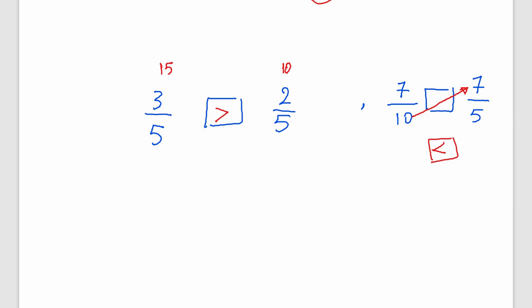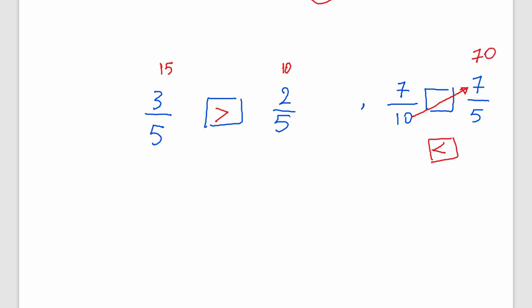Okay, go ahead. 10 multiplied by 7. Ibrahim. 10 times 7 equals 70.